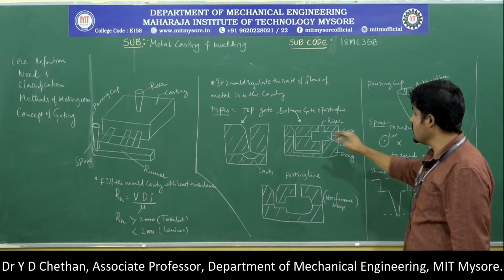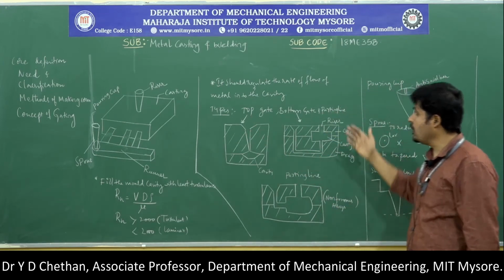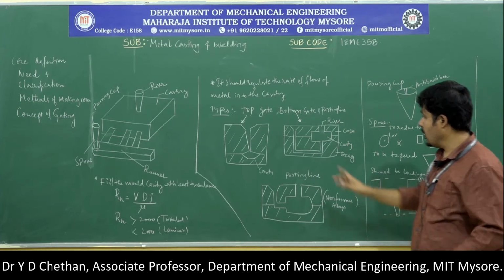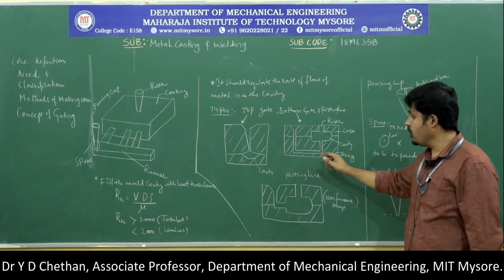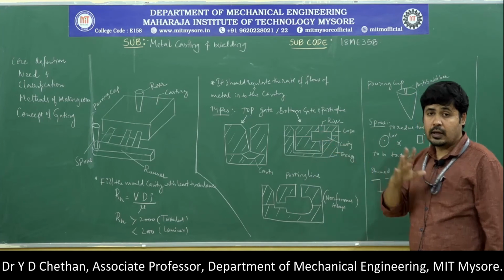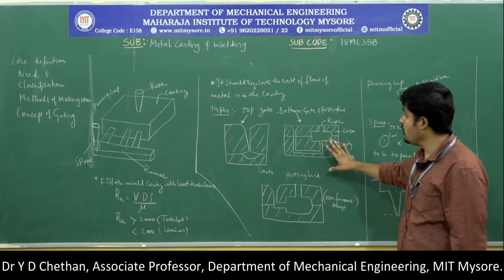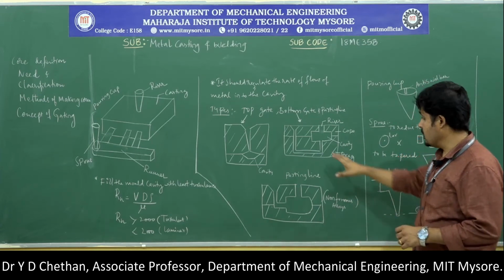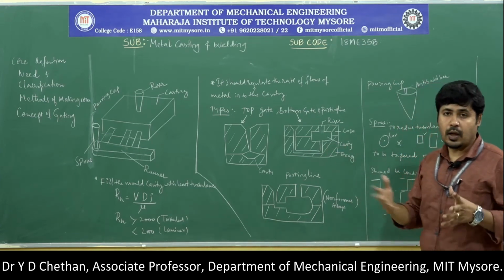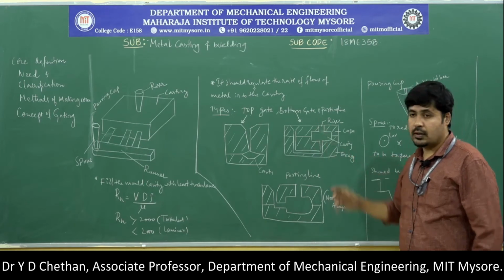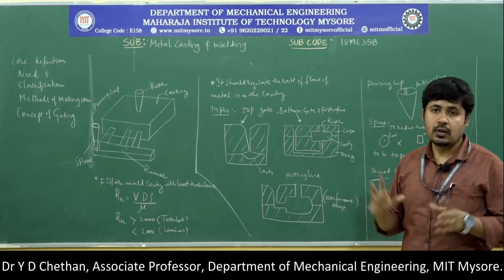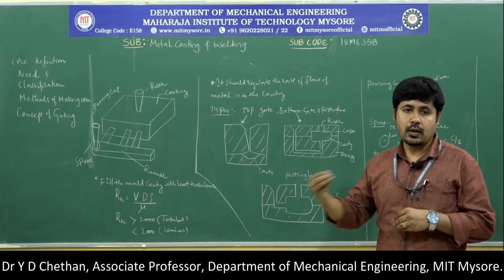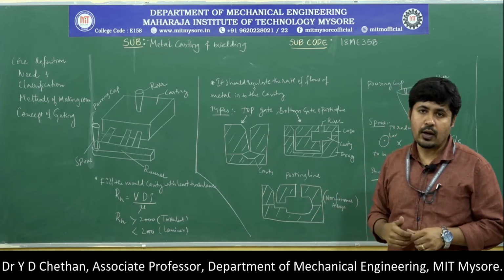The next one is the bottom gating system, where you feed the molten metal from the bottom. For higher density materials, this bottom gate system is recommended, as a higher density material may erode the mold cavity, which in turn leads to a distortion in the shape, which in turn leads to a loss in the required dimension.